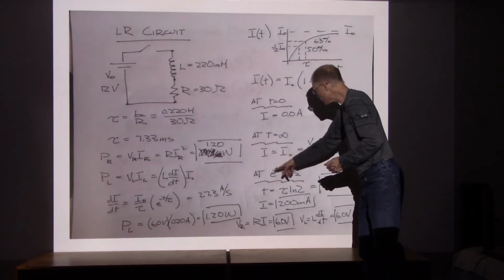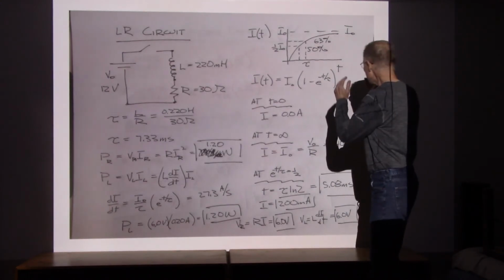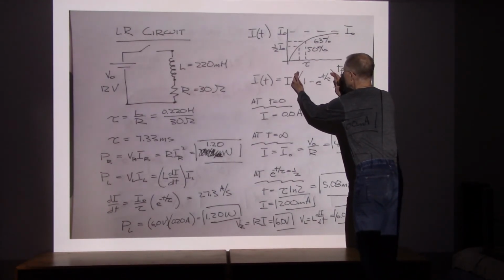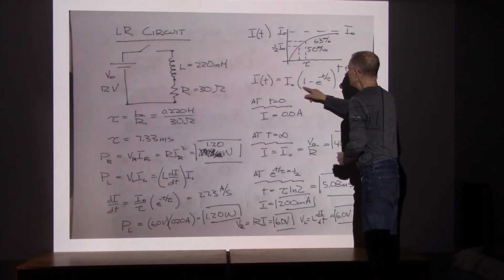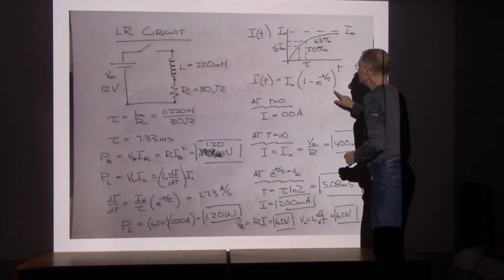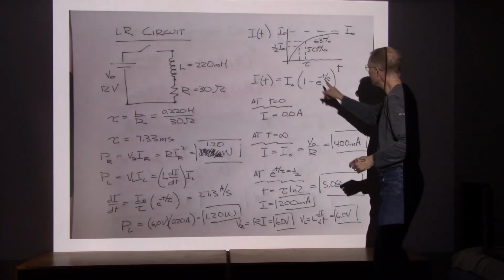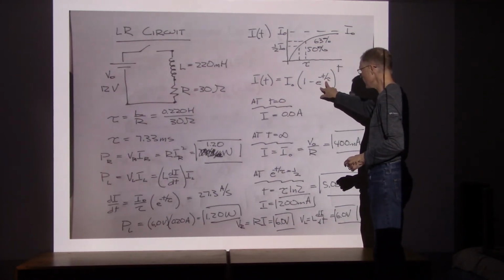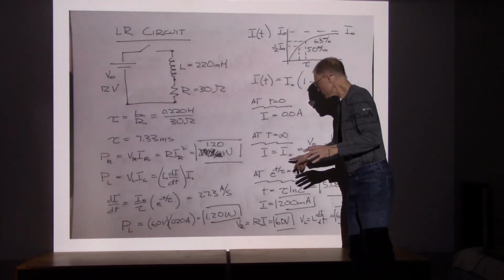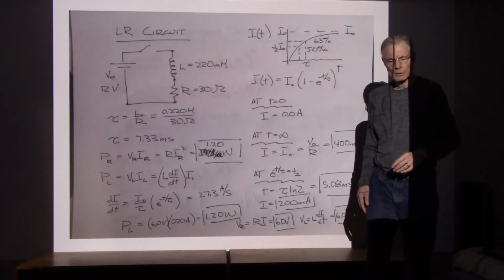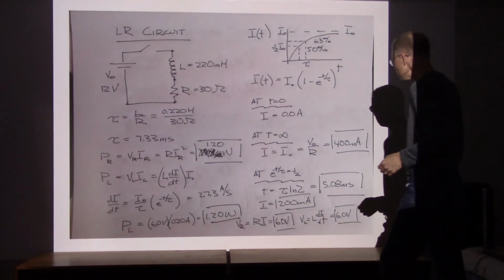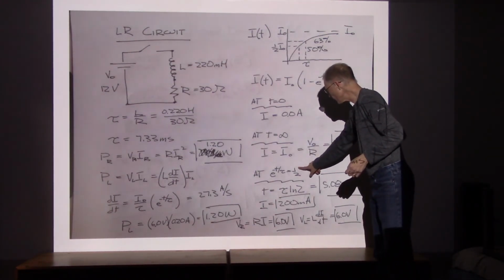When I go in and solve for that, what I'm solving for here is when does this factor become 1/2? And this whole thing is going to become 1/2 when the exponential piece becomes 1/2. So I just started with that. I said e to the minus t over the time constant, I'm going to set that equal to a factor of 1/2.